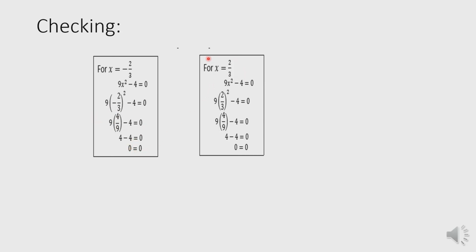Same thing in here, when x is 2/3, substitute to the original equation, squared, you got 4/9, then you make a statement of 4 minus 4 equals 0, or 0 is equal to 0. Then we could say that the values of x sub 1 and x sub 2 are true when you got an equation where the left and the right sides are equal. Okay? That is by factoring.